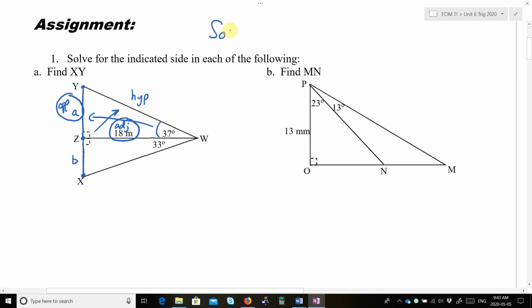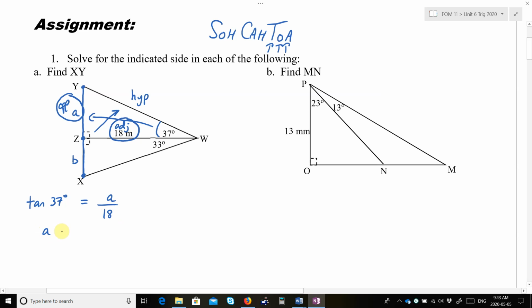So we write down our acronym SOHCAHTOA, and we can do that because both of our triangles have 90-degree angles in them. We're looking for opposite, we have adjacent. Opposite, adjacent, that comes from tan. So tan of 37 degrees is equal to the opposite, A, over the adjacent, 18.